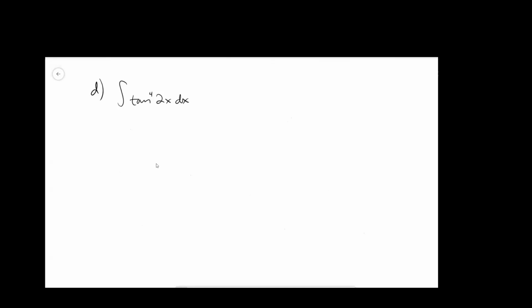So what we can do here is think, what if I rewrite this as tan squared times tan squared? And then I've got the identity that I can use here. Tan squared, what was that identity? Tan squared is equal to secant squared minus 1.